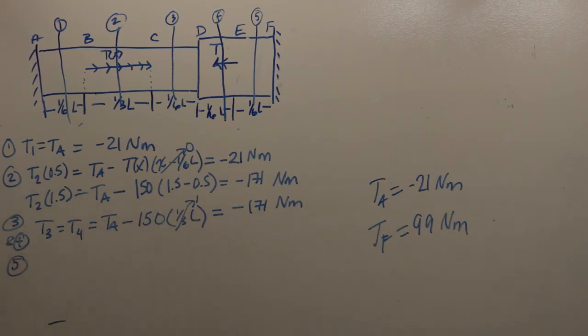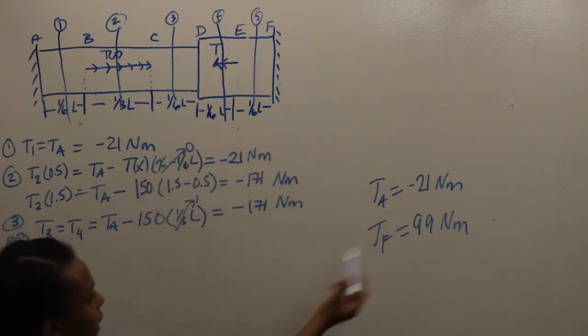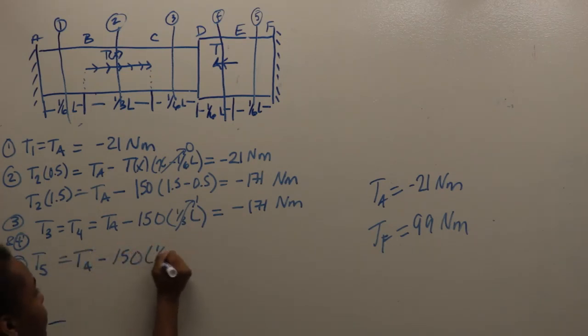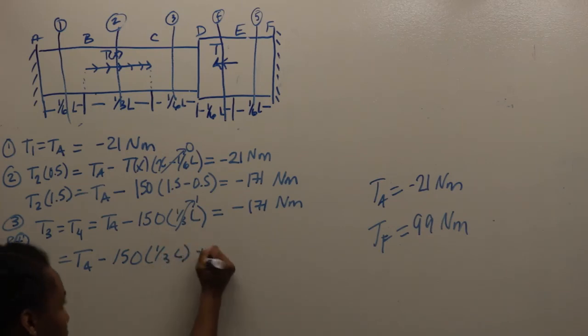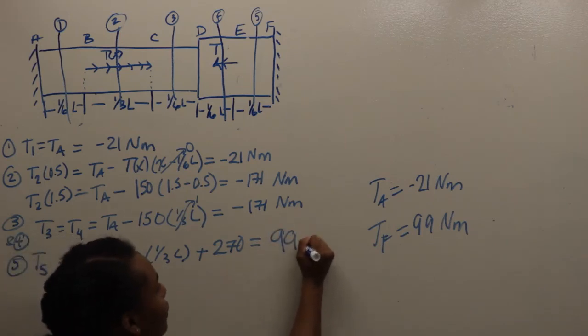And for the last one, the fifth torque should equal the reactive torque that we got at F. So it is TA minus 150 times 1/3 L plus 270, which actually equals 99 Newton meters.